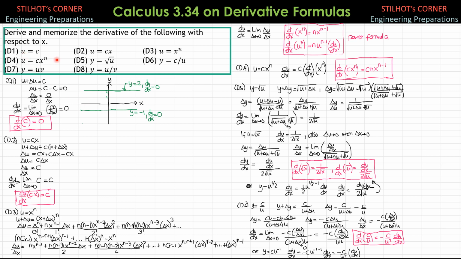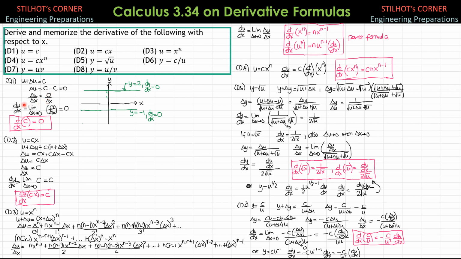So u equals constant, that's the first. So using limits, u plus delta u equals constant. So delta u therefore is c minus u, but u is c, so 0. Dividing everything by delta x, delta u over delta x equals 0 over delta x.